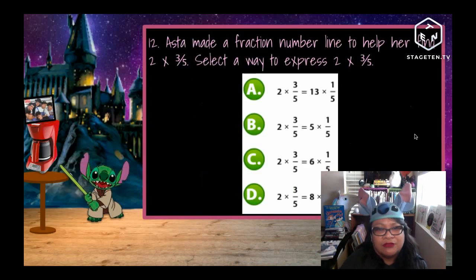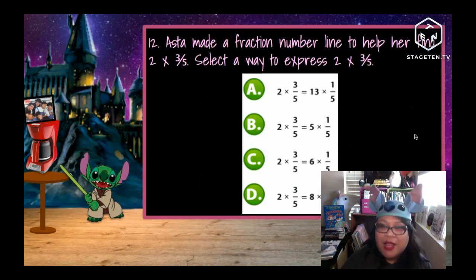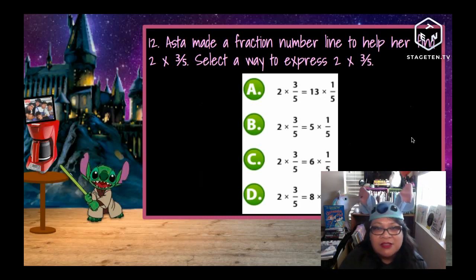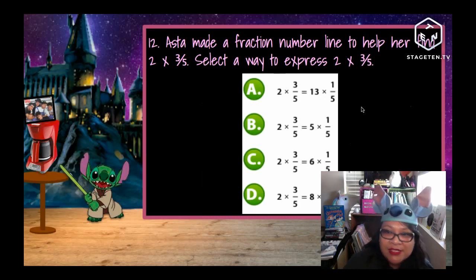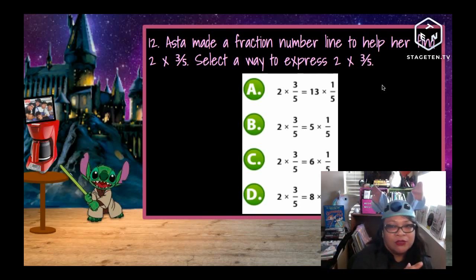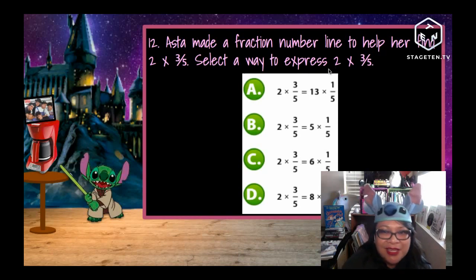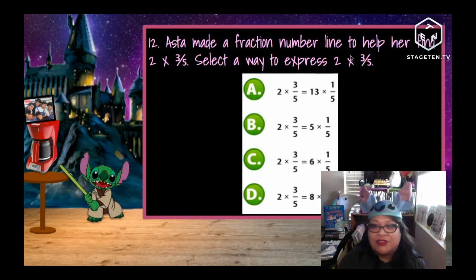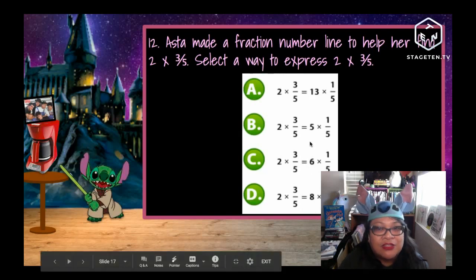Number 12. Asta made a fraction number line to help her find 2 3/5. Select a way to express 2 3/5. Now remember, we talked about multiplying across the whole number times the numerator. So we can see right away that 2 times 3 is going to be 6. So this side of the equation needs to equal 6/5.